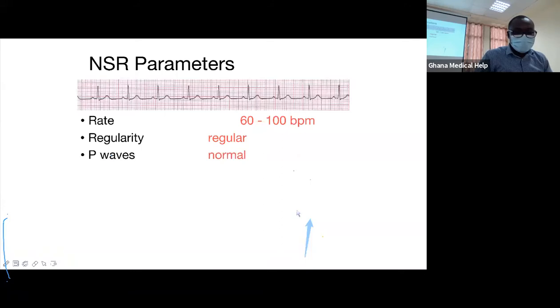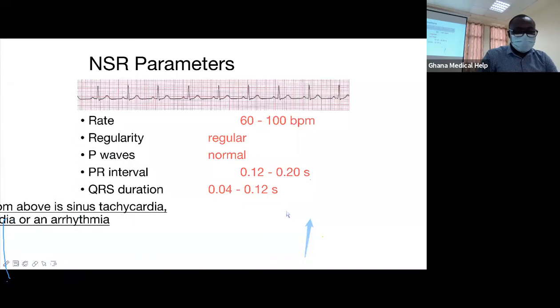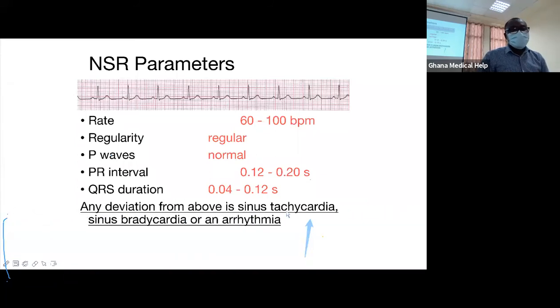The P waves have to be there, normal, and preceding every QRS complex. Then the PR interval is between 0.12 to 0.20 seconds, or 3 to 5 small boxes. The QRS interval is between 0.04 to 0.12 seconds, or 1 to 3 small boxes. Any deviation from this is referred to as either a sinus tachycardia, a sinus bradycardia, or an arrhythmia.